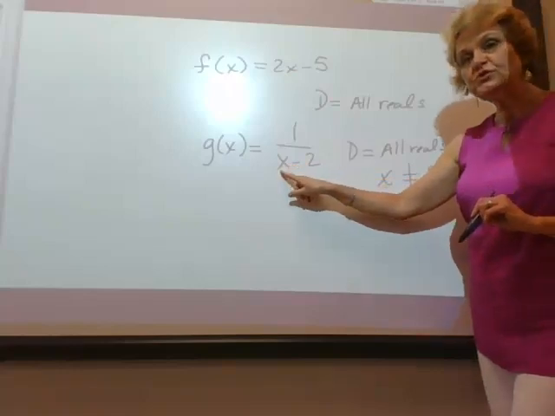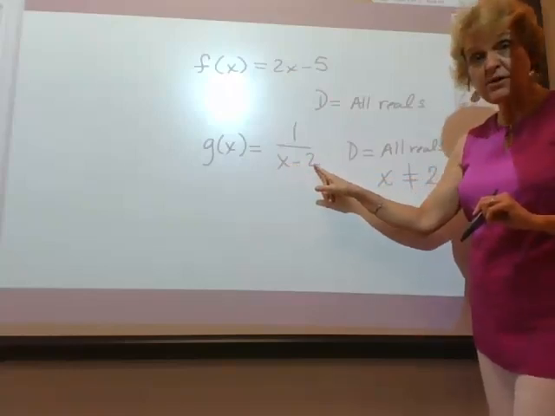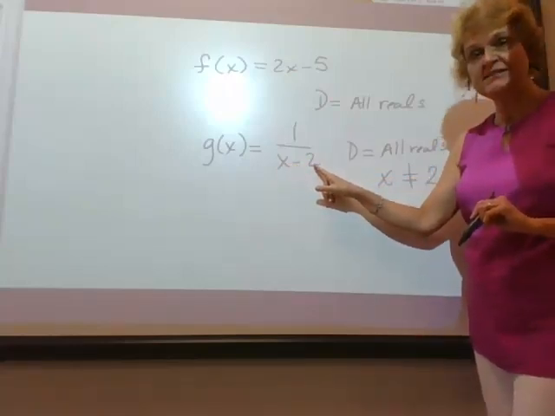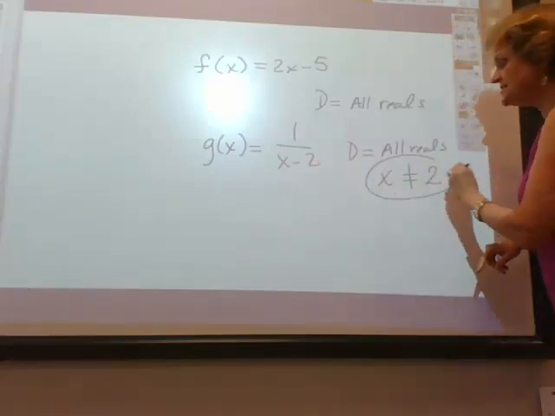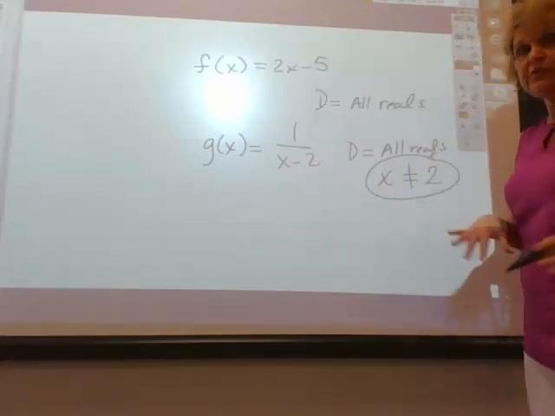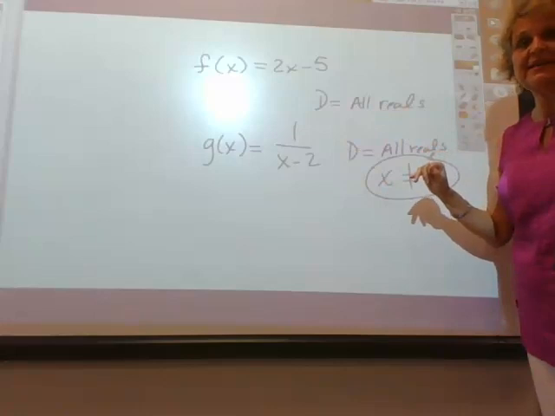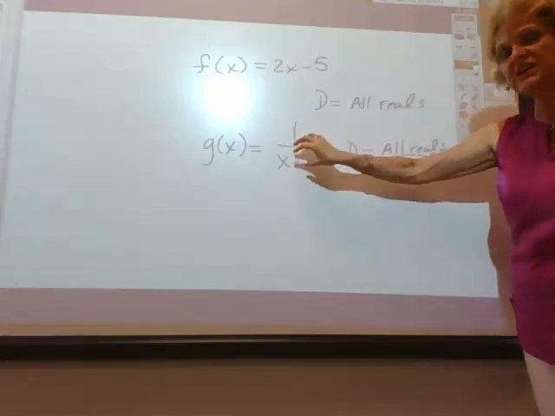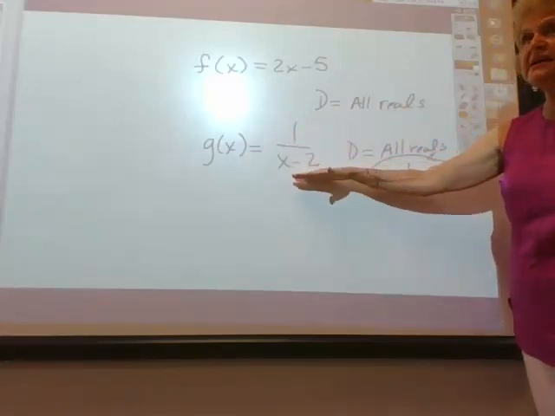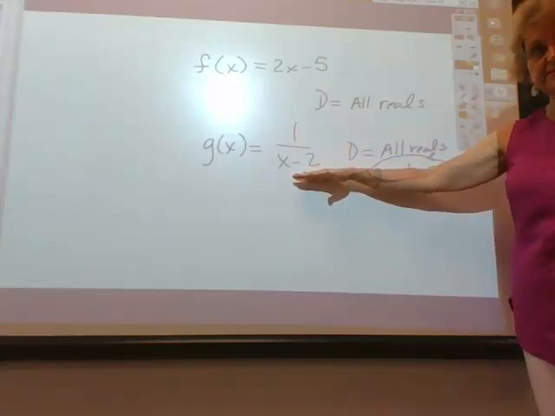If x were 2, 2 minus 2 is 0. Can't have that. So x cannot be 2. Any other number in the universe is fine. But I can't let the numbers I plug in give me a 0 in the denominator.